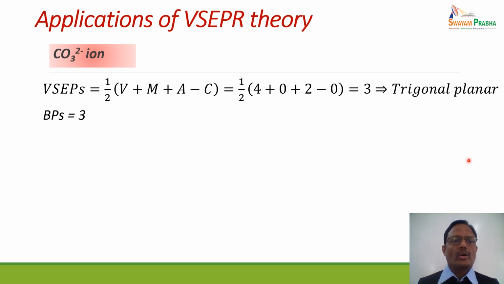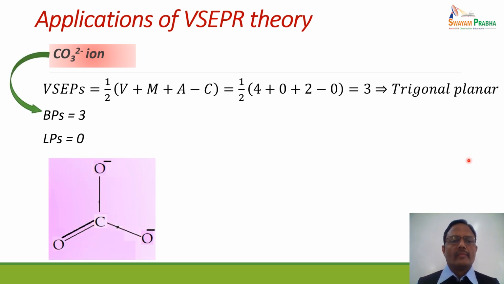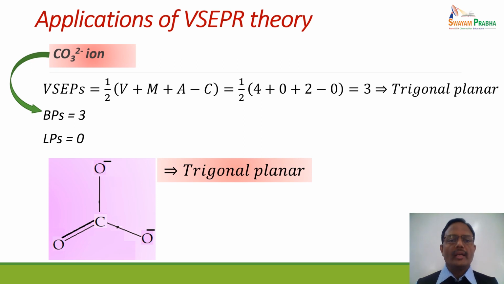In trigonal planar geometry all the 3 are bond pairs because 3 oxygen atoms are there. Similar to the sulfate ion, there will be resonance of these double bonds, and because of the resonance all the bond angles are 120 degrees and the geometry is perfectly trigonal planar.